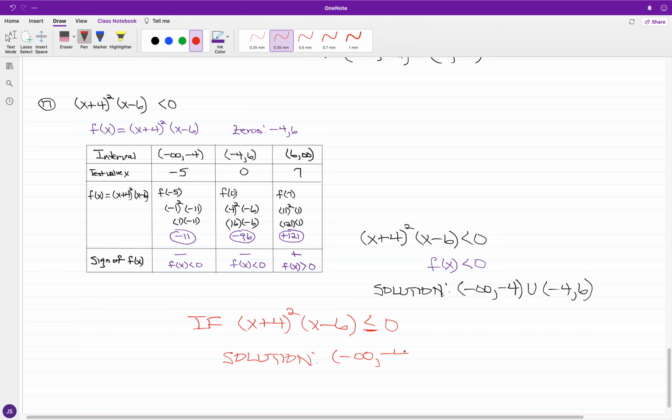Now negative 4 will cause the function to be equal to 0, as well as 6. So negative 4 and 6 would be bracketed.